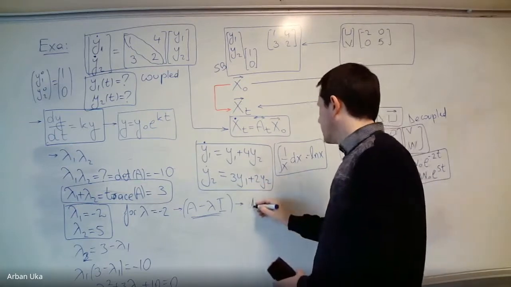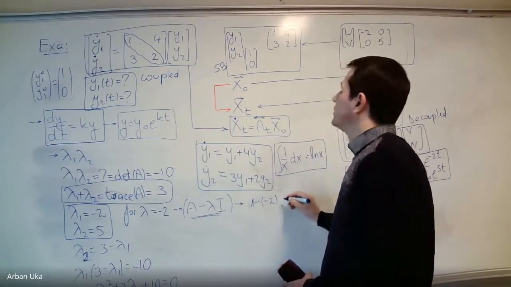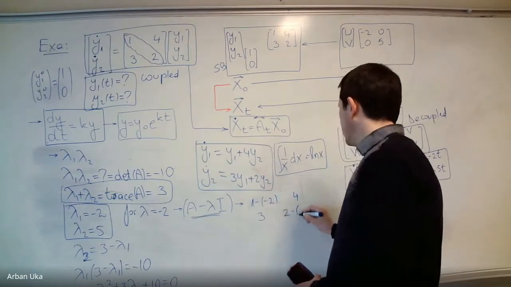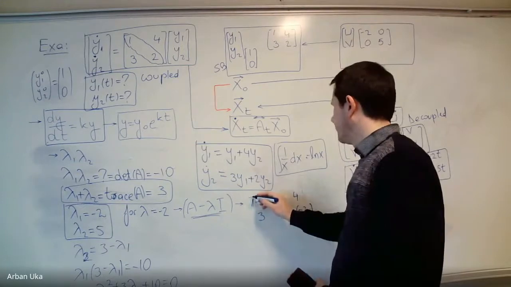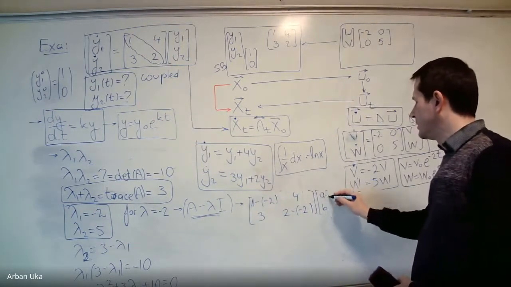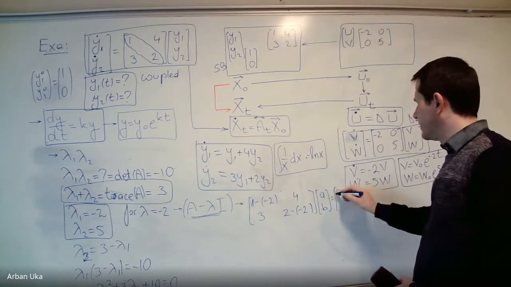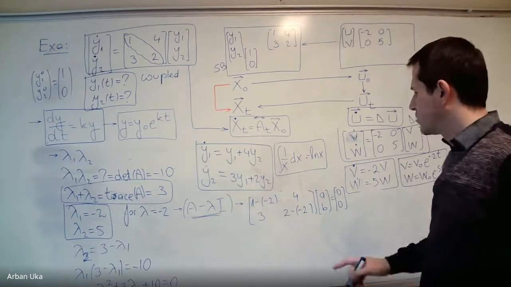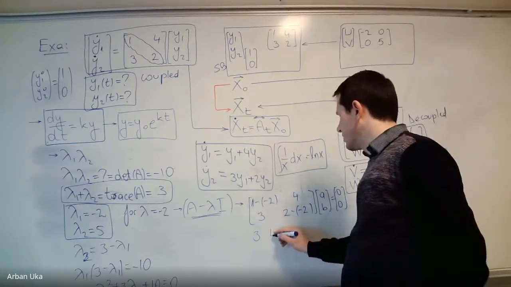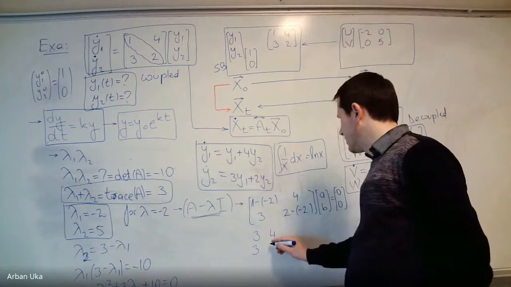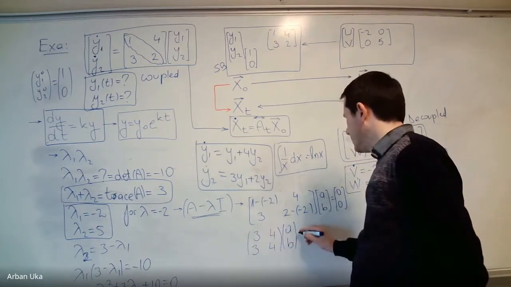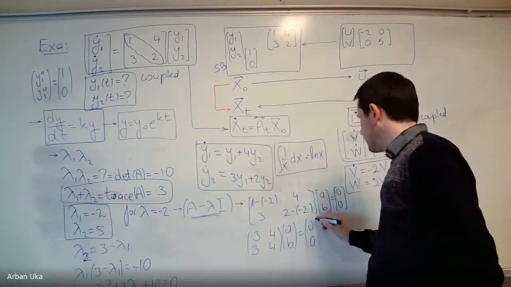Here we get 1 minus 2, this is 4, this is 3, 2 minus 2. Here, if we multiply with A B, this is equal to 0, 0. We need to find A and B. So we get 3, 4, and here also 3, 4, times A B, equal to 0, 0.